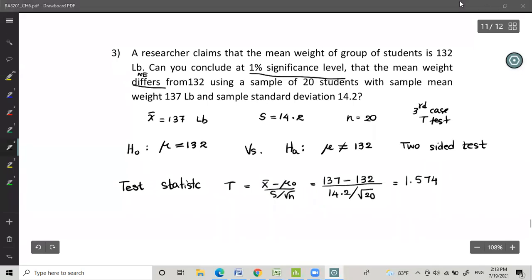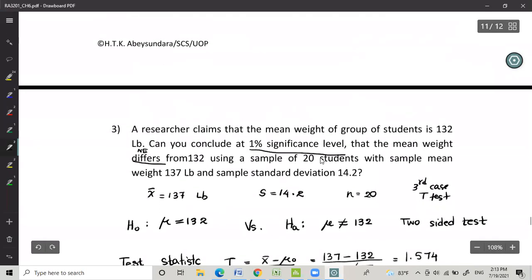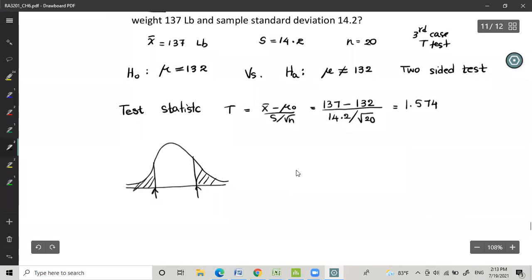Now, what is the next step? You have to go and find the rejection region. Since this is a two-sided test, you'll have rejection regions on both sides of your T curve. And what is the alpha value? It says that alpha is 1%, right?